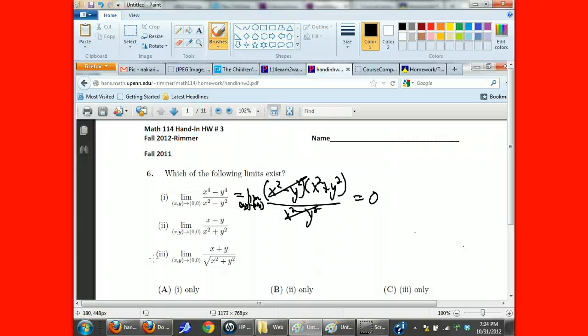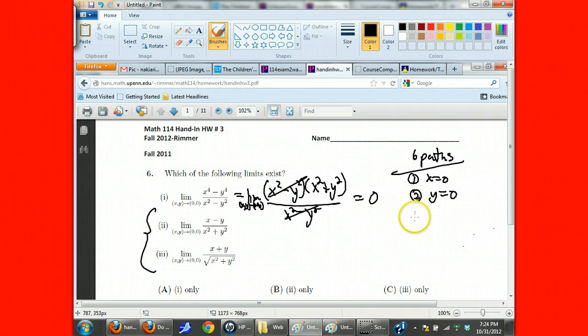Six paths. They are x equals 0, y equals 0, y equals x, and y is the opposite of x, y equals negative x.